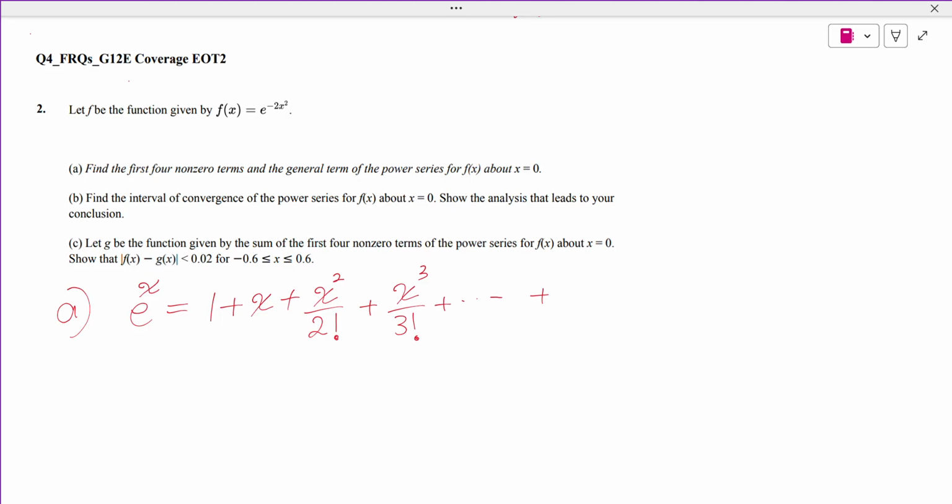So what will be the general term? x raised to n over n factorial.